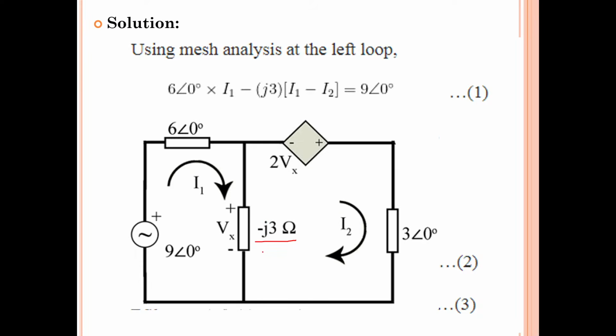Since j is there, it is some reactance, capacitive or inductive, they didn't mention, so we don't know. And since j is not there for the other, let us assume it is a resistance, and this is our voltage.